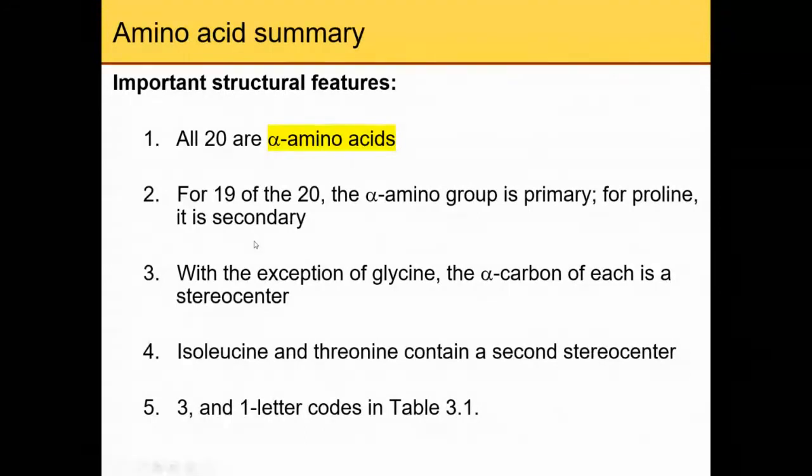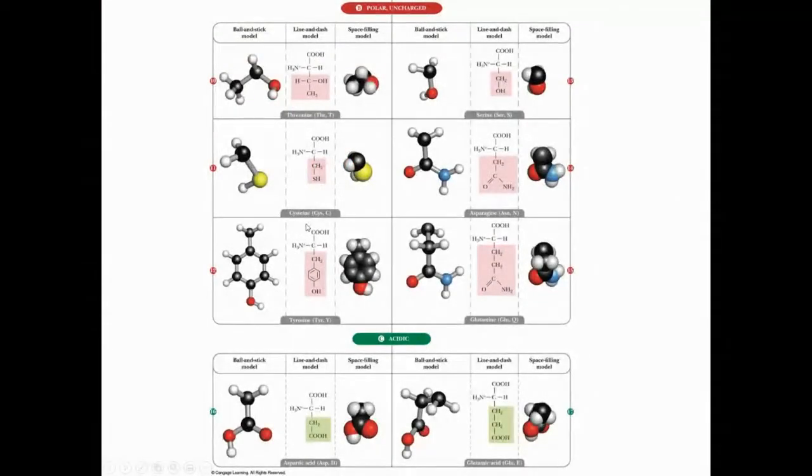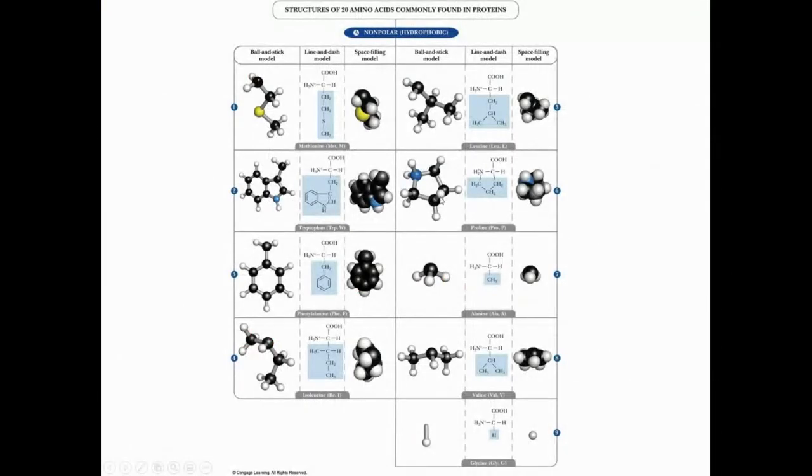So the summary of these amino acids. For 19 out of 20, the alpha amino group is primary. For proline, it's a secondary, right? For proline, remember this structure in the proline here, all right?